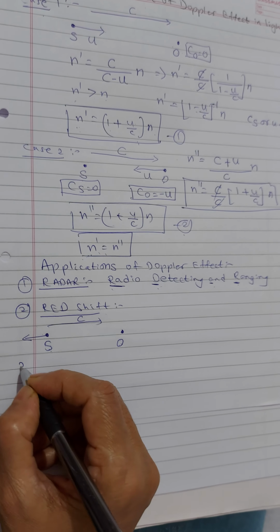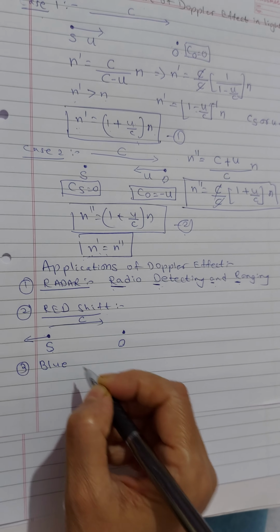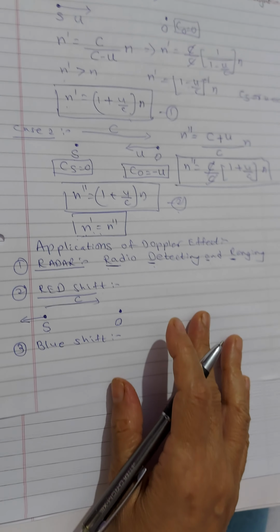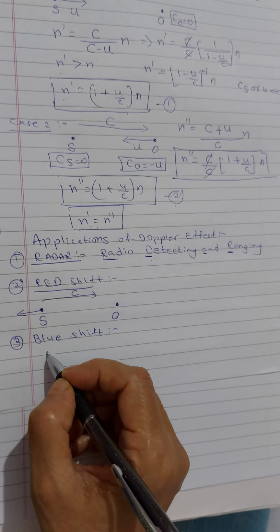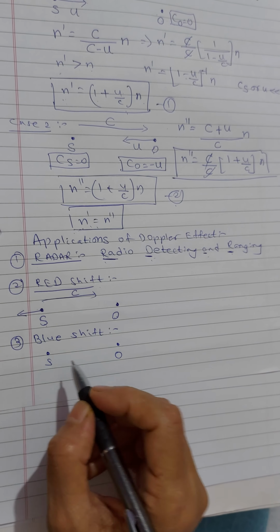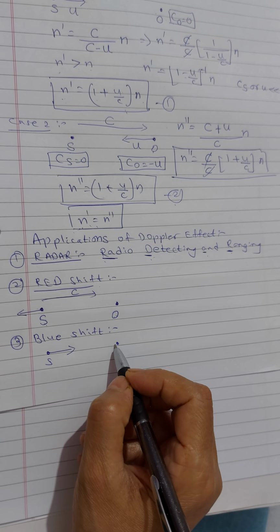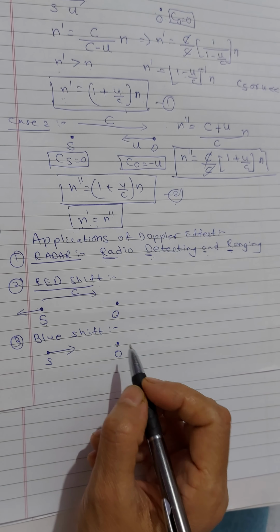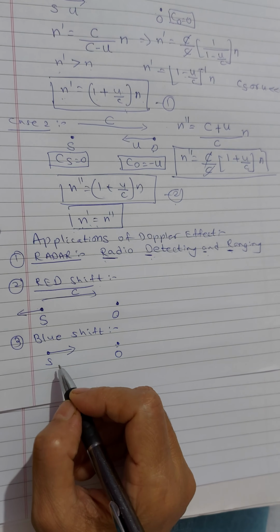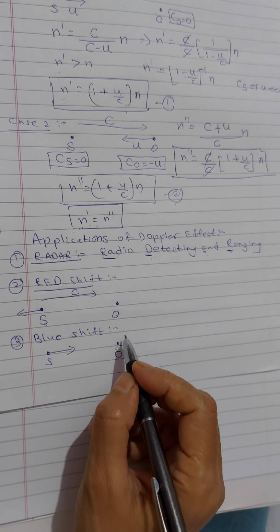Now the third one we are also aware of, which is the blue shift or the violet shift, which we just finished explaining a few minutes back. Here, if this is my star and this is the observer, and the star is moving towards the observer on the earth, the spectral line of the star, superimposed on the stationary spectrum produced in the laboratory, shifts towards the blue end of the spectrum.